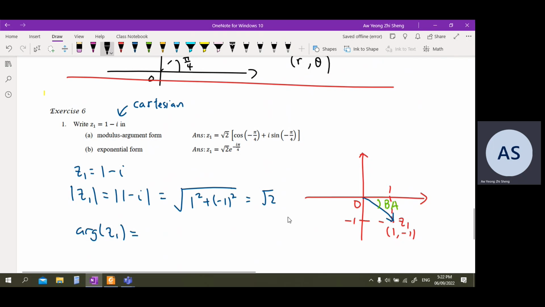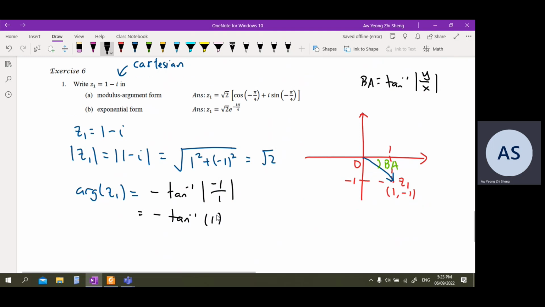Regardless of which quadrant the point lies in, the basic angle is always the inverse tangent of modulus y over x. So we use that formula here and take the negative of the basic angle. Modulus of y over x, with y being -1 and x being 1, gives negative inverse tangent of 1, which gives you -π/4.